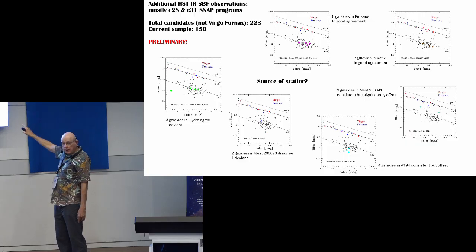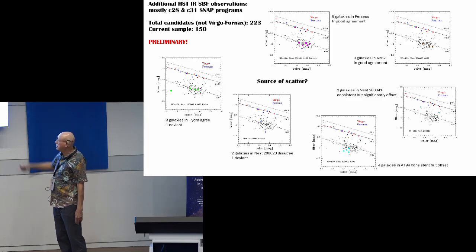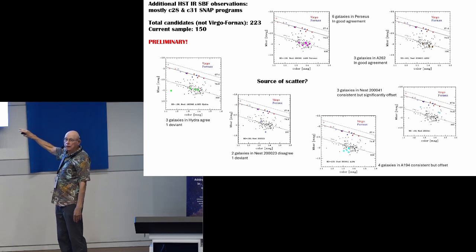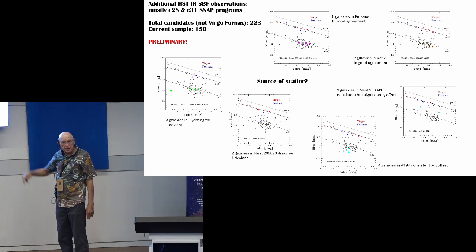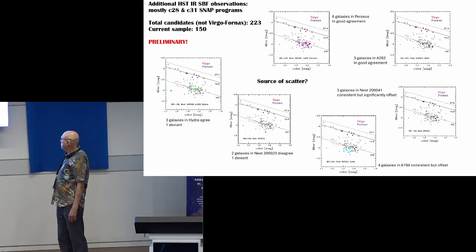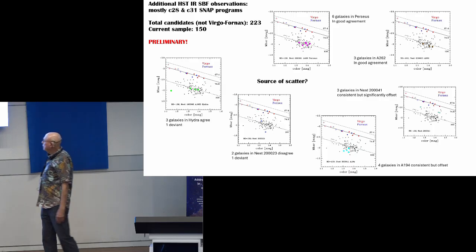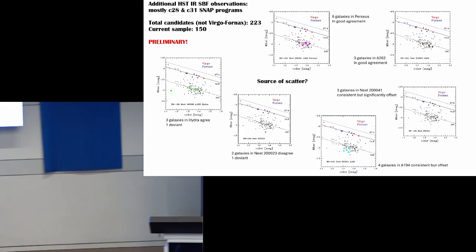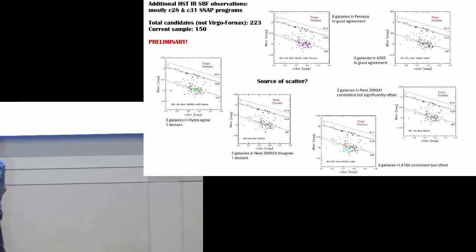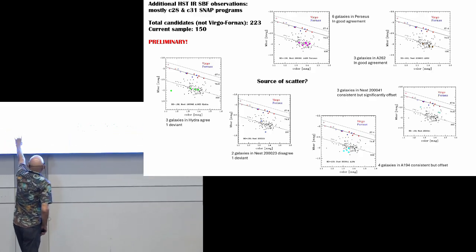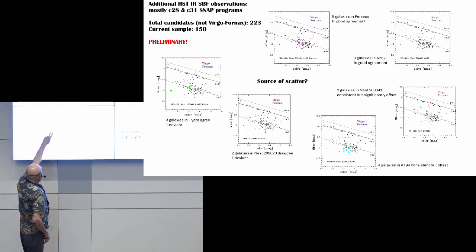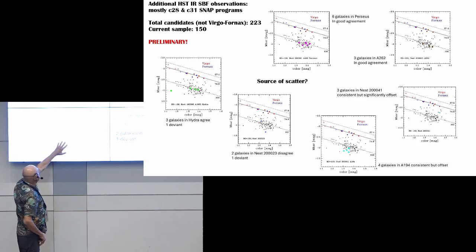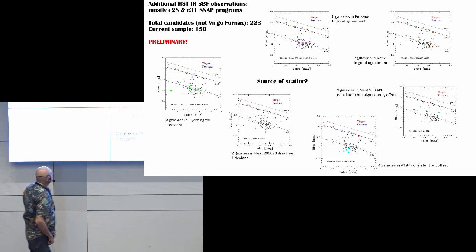Now that would be a very large peculiar velocity of about 700 kilometers per second, but the overall scatter here is about 300 kilometers per second. So it's a plausible thing. And then once in a while you see a case with bad data. Look at the case here of the Hydra cluster. Three cases are in very good agreement, but there's one funny one over here. Looks like bad data.